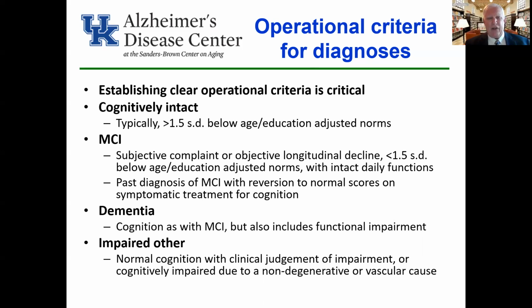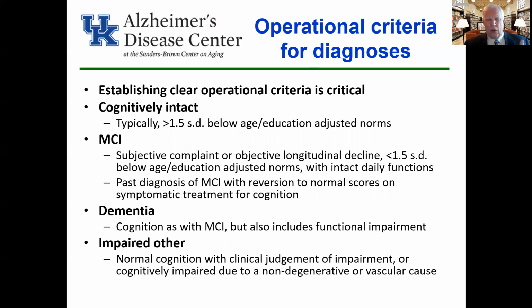Now, we've been challenged in the past with folks who have been diagnosed with mild cognitive impairment, frequently even with biomarker validation of an underlying degenerative process, who, when we start symptomatic medicines, cholinesterase inhibitors or partial glutamate antagonists, revert to normal on their cognitive testing.